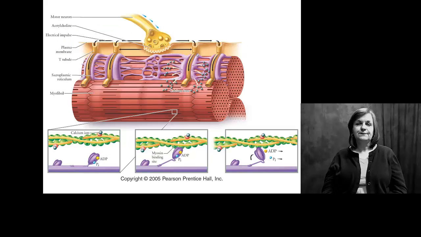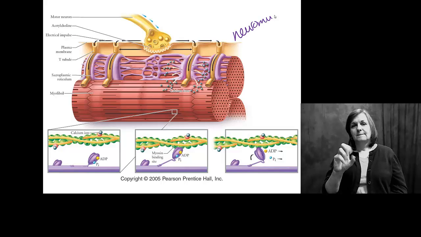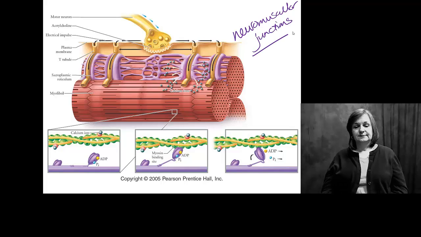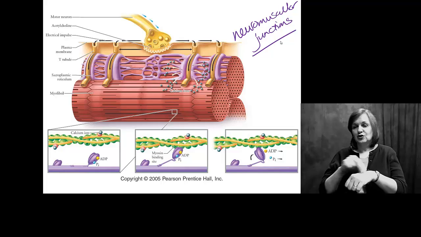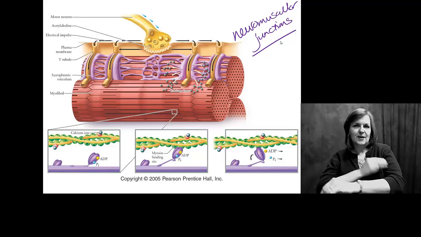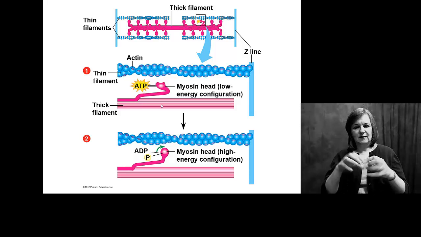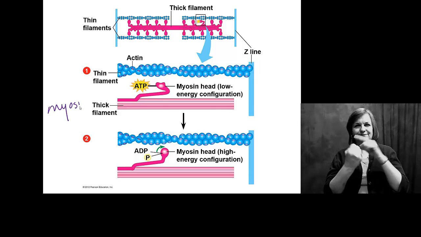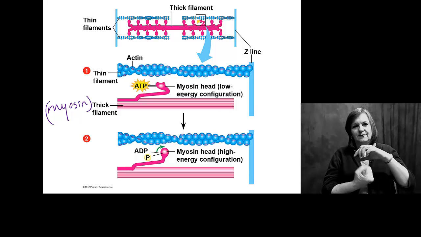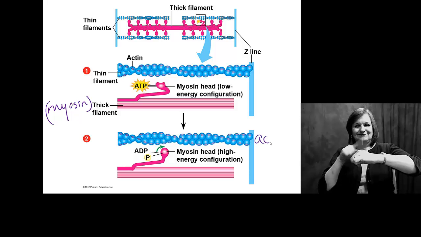Now, this is all done at neuromuscular junctions. So we're looking at the interaction between your nervous system and your muscular system. This shouldn't be a surprise that you need nerves to move your muscles. But what we want to look at is where this myosin head, sticking out from the myosin filament, these myosin heads are going to reach out and grab on to the actin.